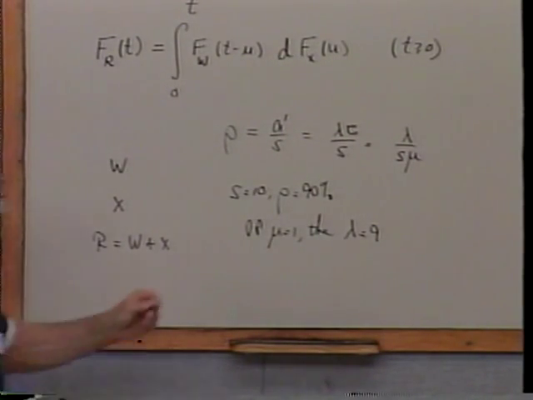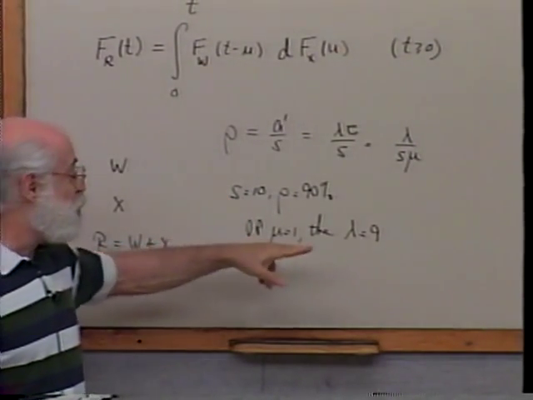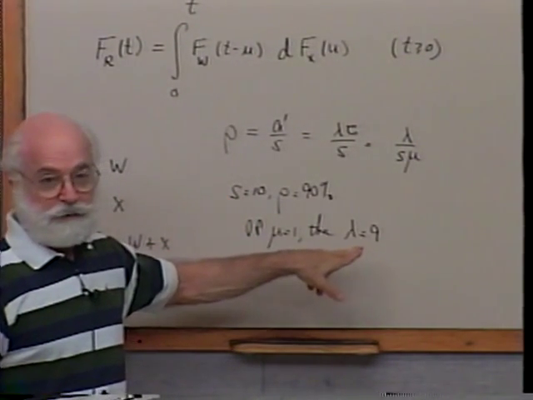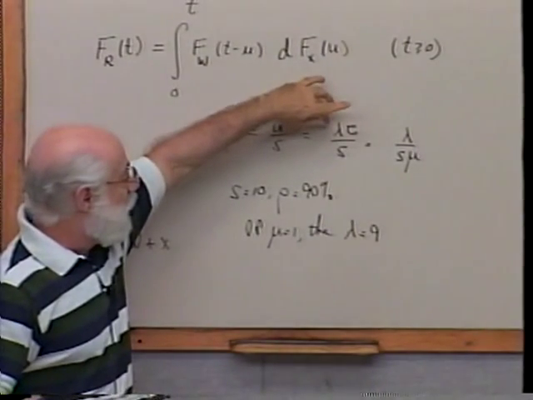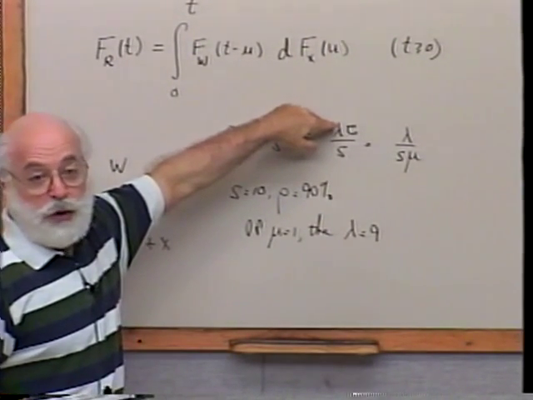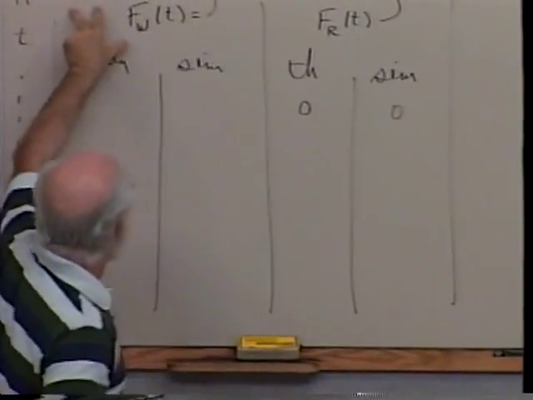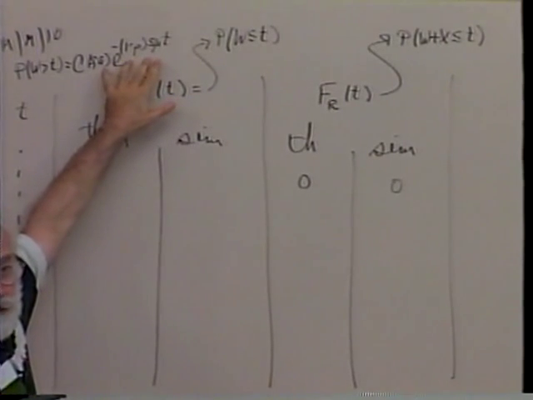Now if you chose a different lambda and a different tau whose product still turned out to be 9, I could pick tau equal to 2 and lambda equal to 4.5. That would not affect the Erlang C value, but it would affect this part over here.